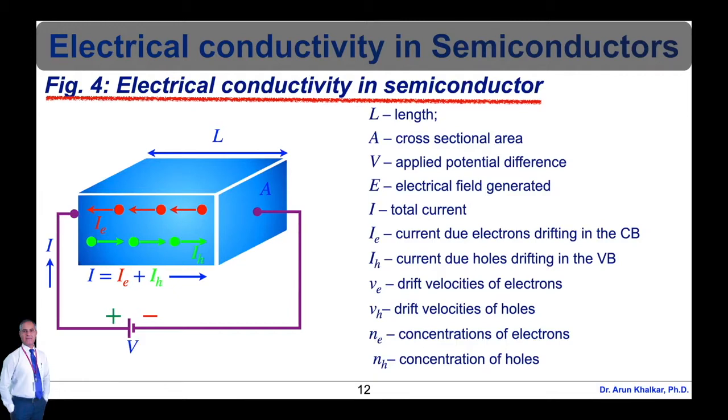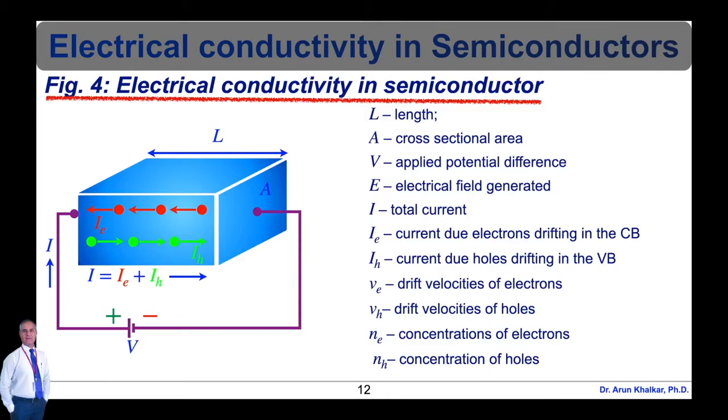I subscript h is the current due to holes drifting in the valence band. v subscript e is the drift velocity of electrons. v subscript h is the drift velocity of holes. n subscript e is the concentration of electrons, and n subscript h is the concentration of holes.